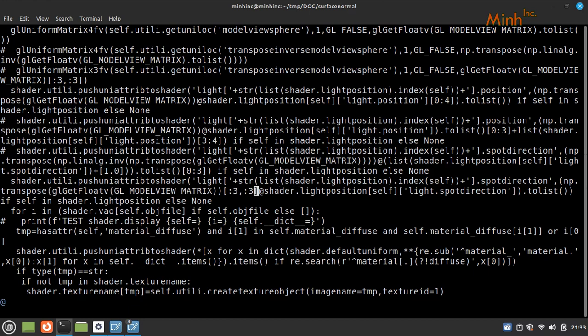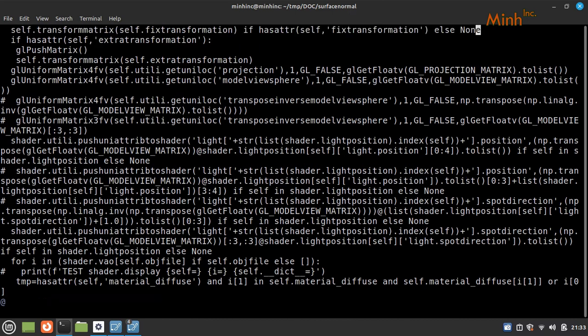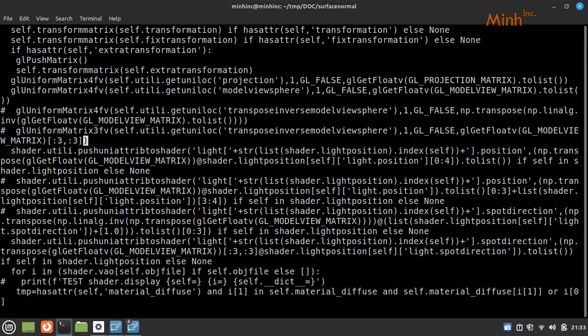We just take out the first three columns. Earlier we were also doing a transpose and then inverse. And in the model view sphere also, transpose and inverse is not required.